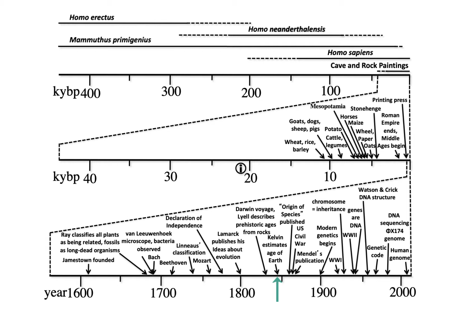Up to that time, people had assumed that the Earth was only a few thousand years old. Kelvin's estimates said that wasn't the case, that it was millions and probably tens of millions of years old. He was off by a couple of orders of magnitude, but it was primarily because he didn't know about radioactive decay, which also caused some heating of the Earth.